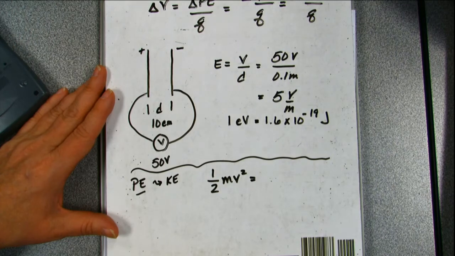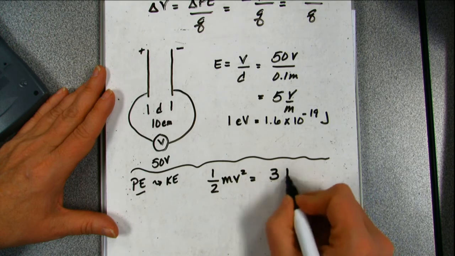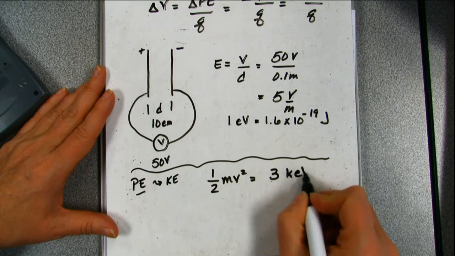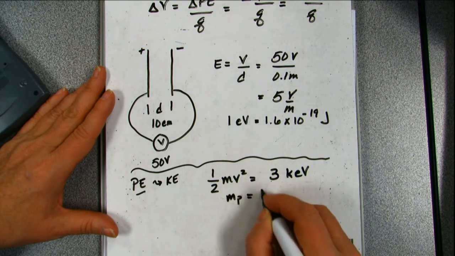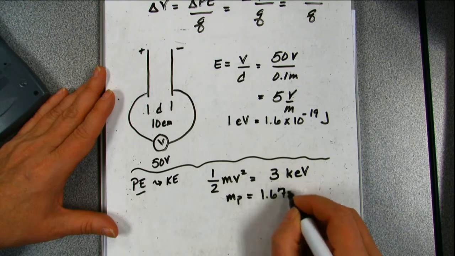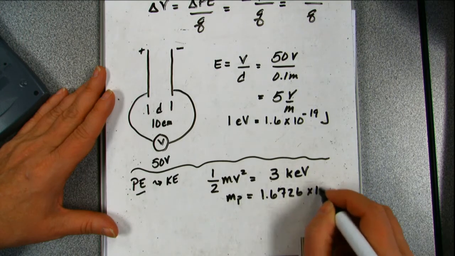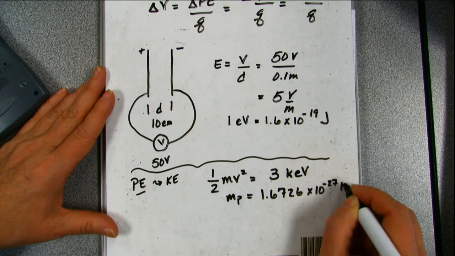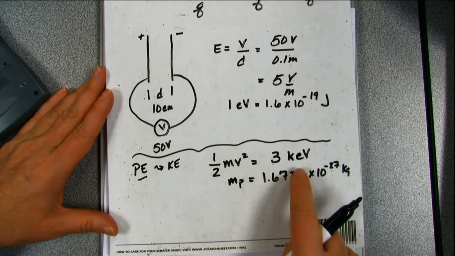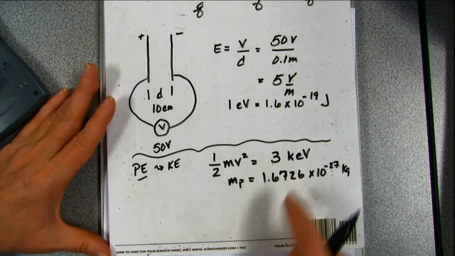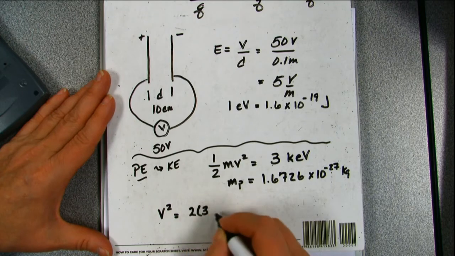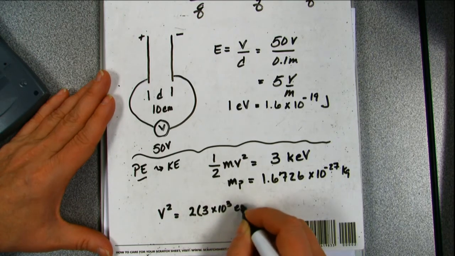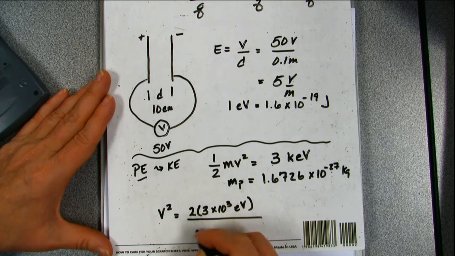we can look at 1/2 mv squared. And if I have a proton that has 3 kilovolts of energy, and we know the mass of the proton is 1.6726 times 10 to the minus 27 kilograms, we can figure out how fast that proton is moving. v squared is going to equal 3 times 10 to the third electron volts divided by the mass of my proton.